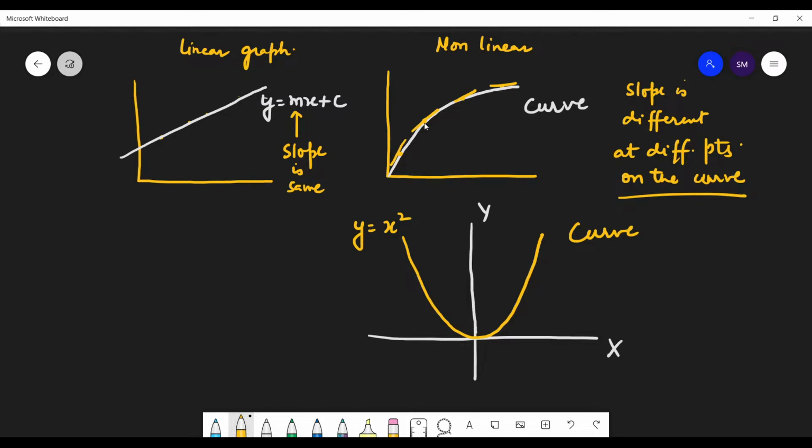Now, if we take some example, like if we take equations of motion, the first equation of motion is v is equals to u plus at.